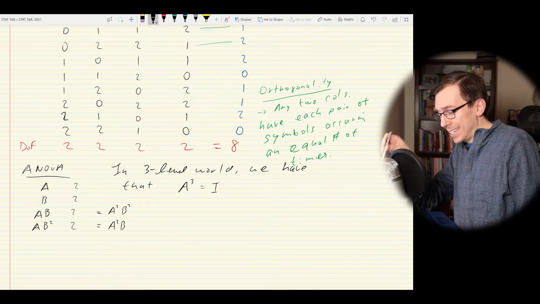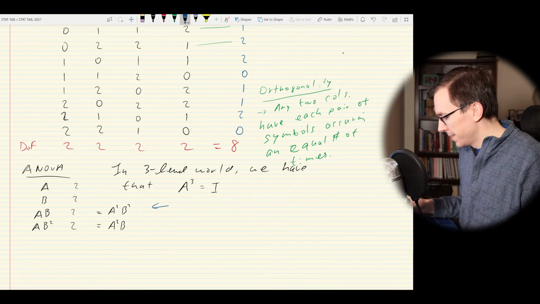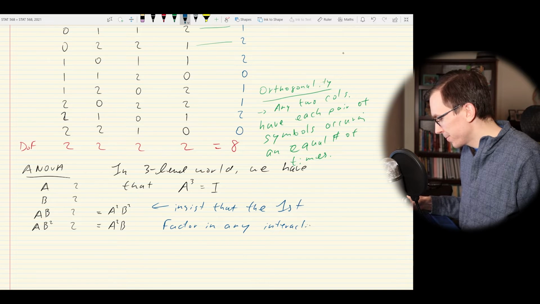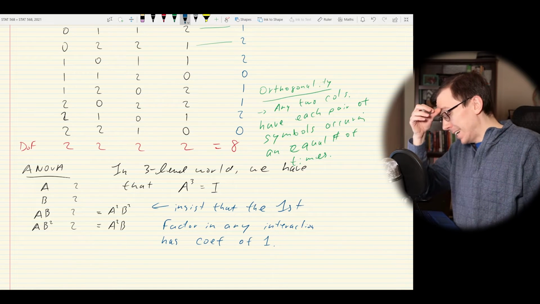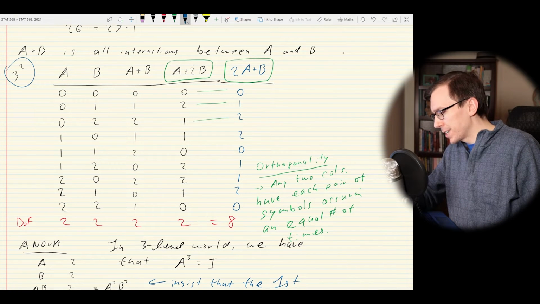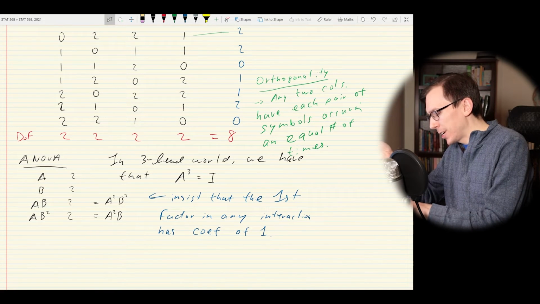So what we do in practice is insist that the first factor in any interaction has a coefficient of 1, even though it's kind of like an exponent. I say coefficient because technically these 2's and 1's are the coefficients that I'm adding up here. So this is 1, 2, and this would be 2, 1.